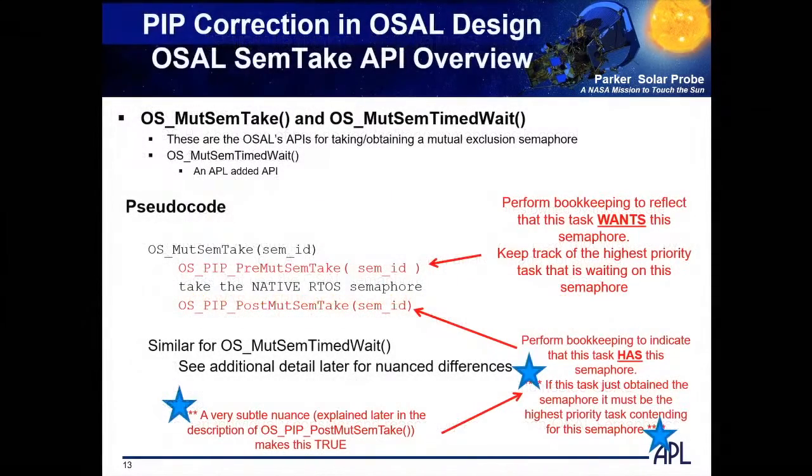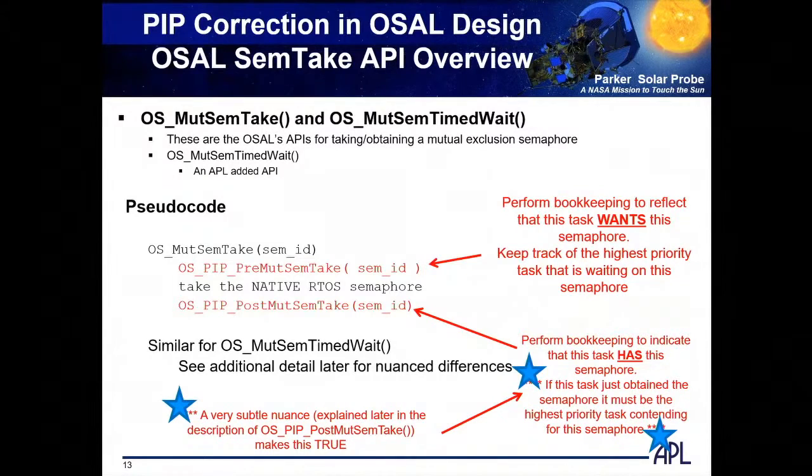This is where I'm not going to dig in too deep in the weeds. You can look through these slides later, but essentially, within the OSAL sem take, we did some bookkeeping prior to taking the native RTOS semaphore to do tracking of task priorities, and then once we received that semaphore, we did additional bookkeeping.